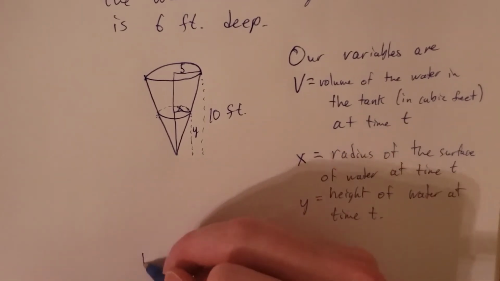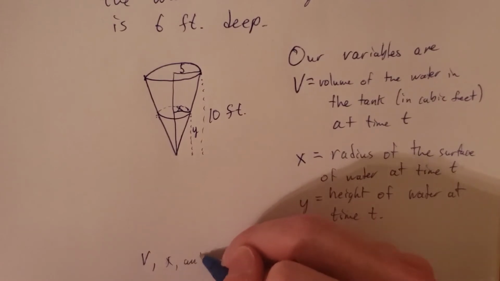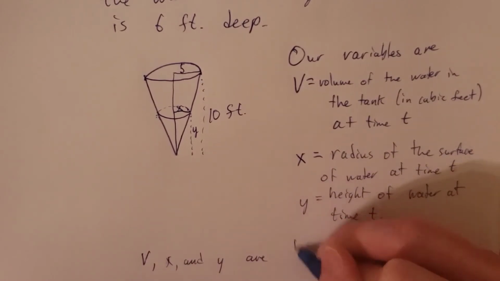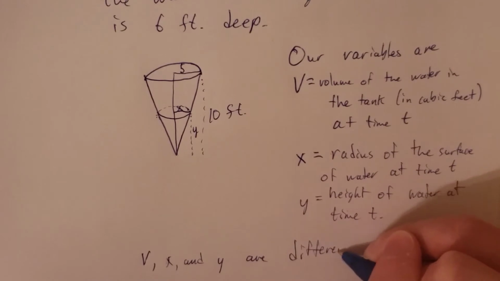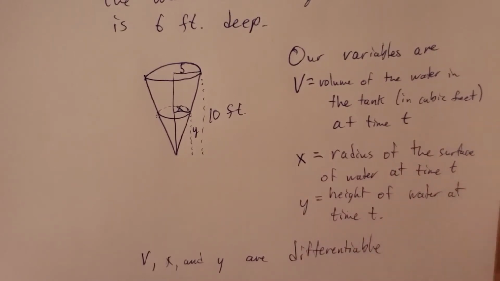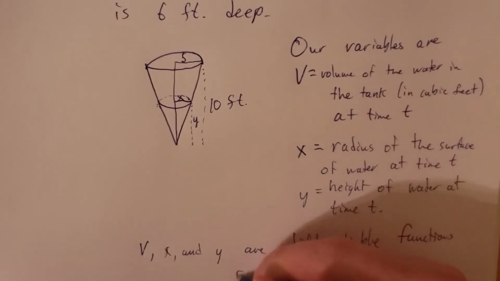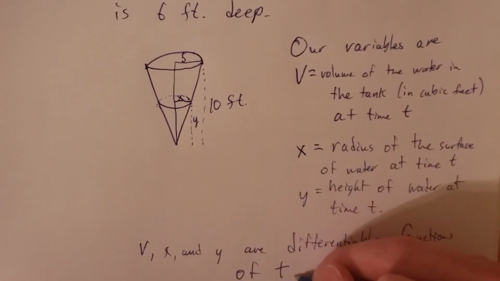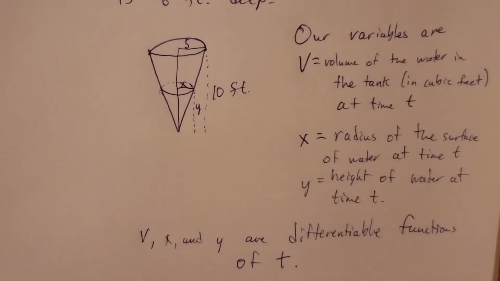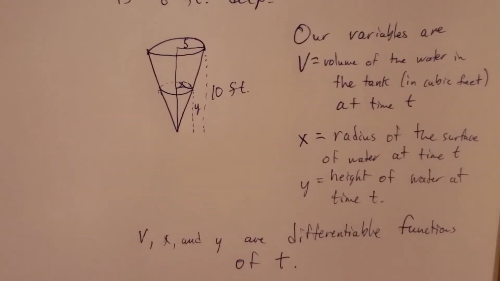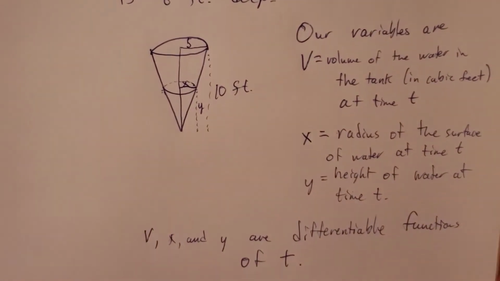And what we notice is that V, x, and y are differentiable functions of t, so with respect to time. Okay, so that's what we know so far. And now let's try to plug all of this information into a formula, or at least find an appropriate formula, and then we will differentiate that.